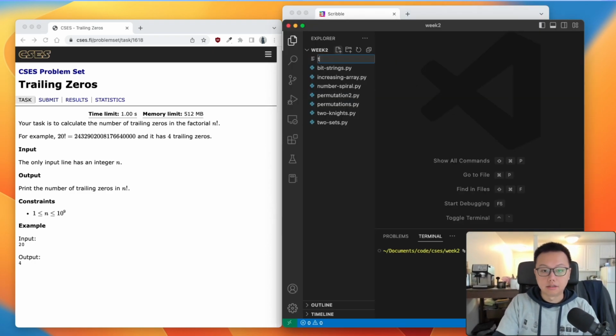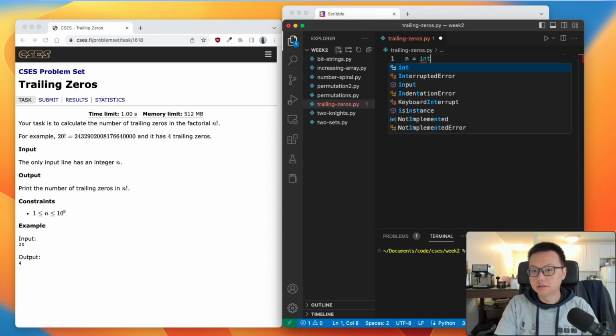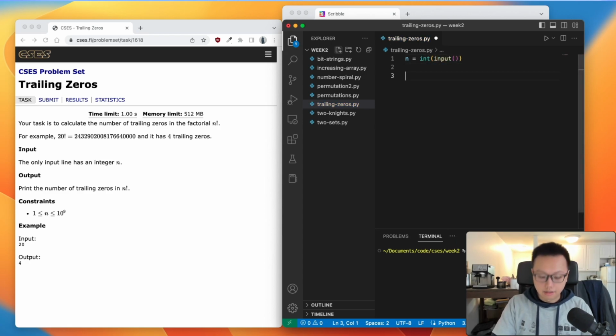First we create a new file, and we read the input. And then how do we count this? We are going to count how many 5s there are.